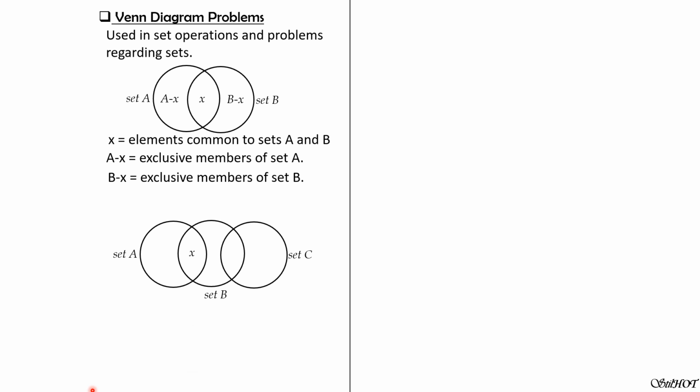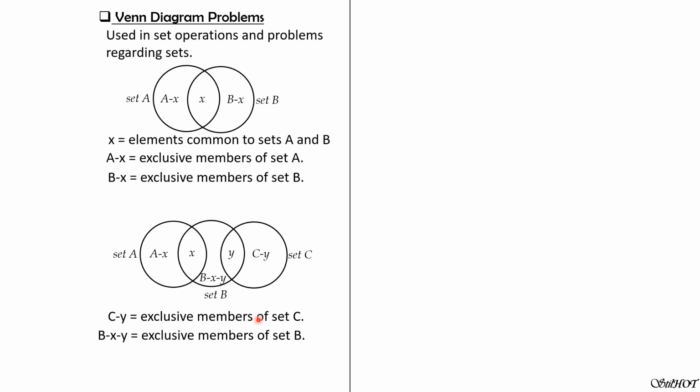So first, let us say X members are common to sets A and B, and we have A minus X, therefore exclusive members of set A. Then Y elements are members common to sets B and C. Then C minus Y would be the exclusive members of set C. While this is B minus X minus Y, that represents exclusive members of set B. Then A and C have no elements in common as stated earlier.